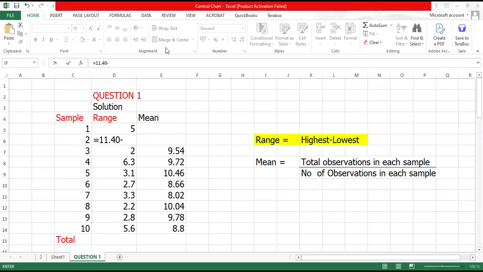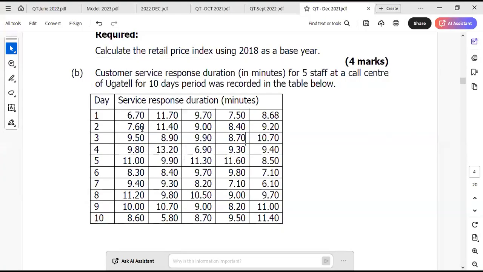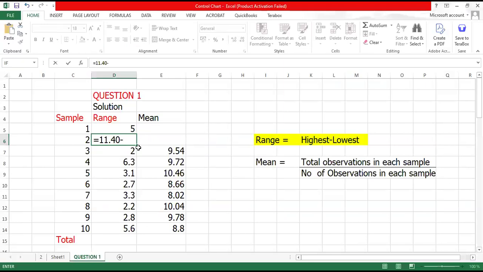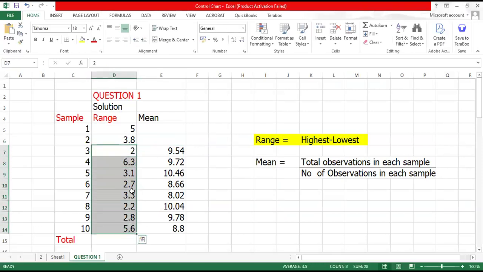So the lowest value is 7.6. Pay attention to it. That's how you get the range for each sample: highest minus lowest.